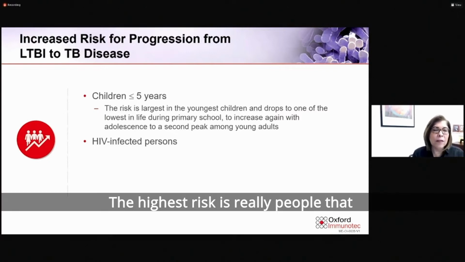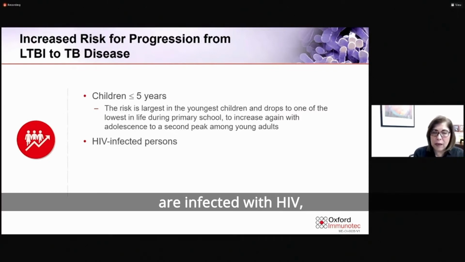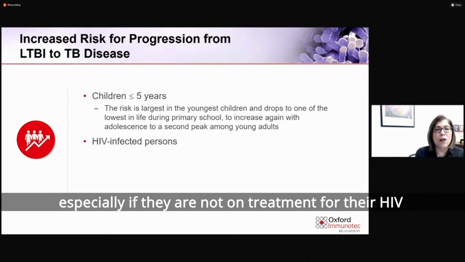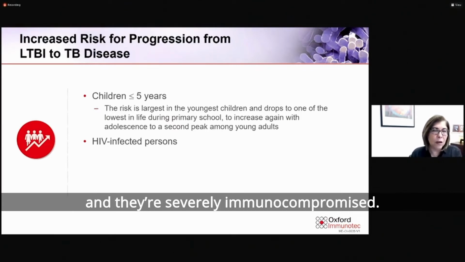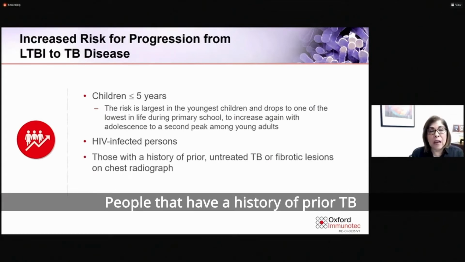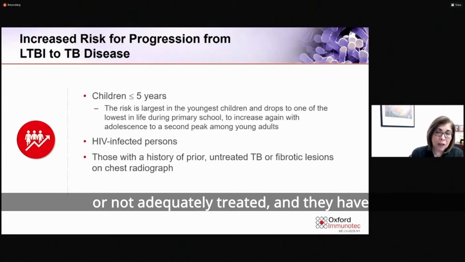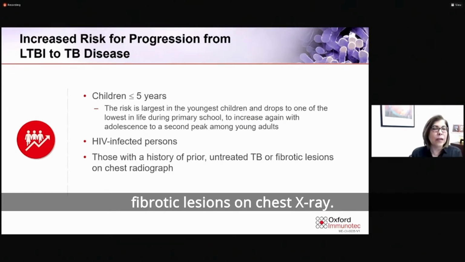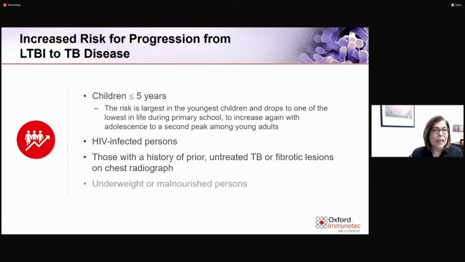The highest risk is really people that are infected with HIV, especially if they are not on treatment for their HIV and they're severely immunocompromised. People that have a history of prior TB that was untreated or not adequately treated, and they have fibrotic lesions on chest X-ray.